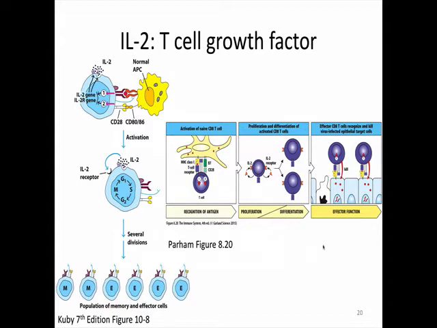When it signals through its IL-2 receptor, it will push that T cell into cell cycle and allow for many different divisions of that T cell, as well as allowing that T cell to gain its effector function. So you can see we've got proliferation and differentiation happening because of IL-2.